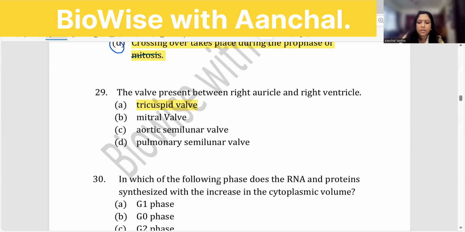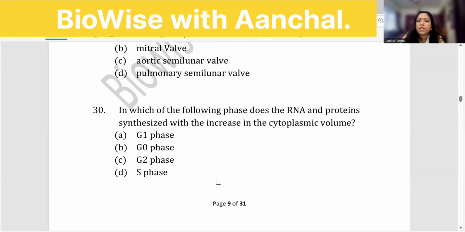Okay, moving to the next. In which of the following phases do RNA and protein synthesize, which increases the cytoplasmic volume? Now here, RNA and proteins are generally synthesized to increase the cytoplasmic volume in the G2 phase. Actually, it can be in the G1 phase also, because in both cases RNAs and proteins are synthesized.